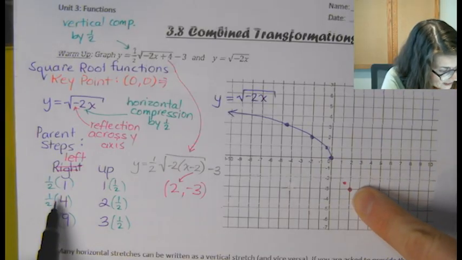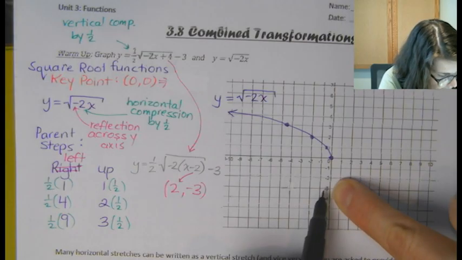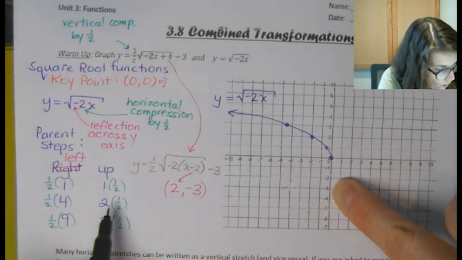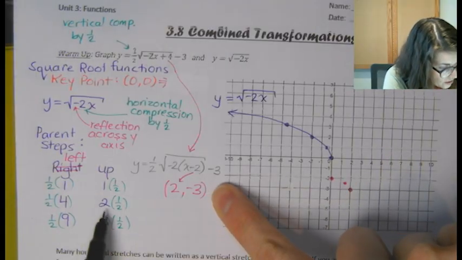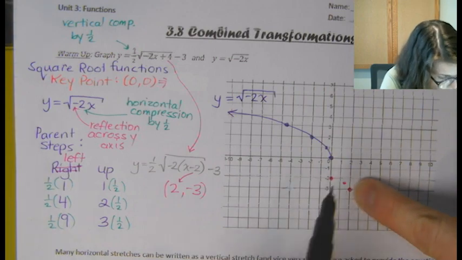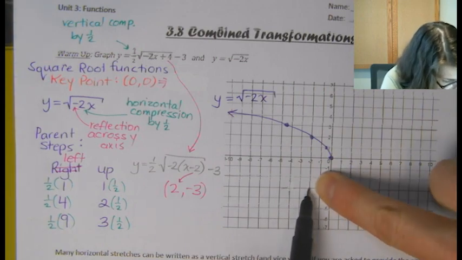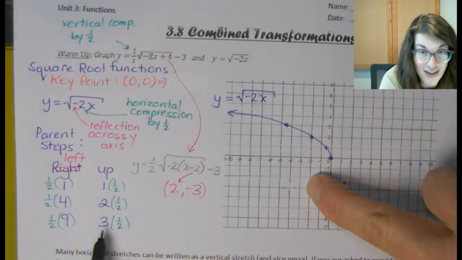Next I go left, half of 4 is 2, so left 2, and then up 1. Then I'm going to go left, half of 9 is 4.5, so I start at my key point, 1, 2, 3, 4.5, and then up half of 3, which is 1.5.